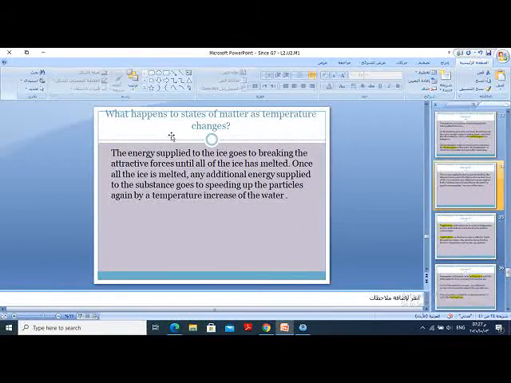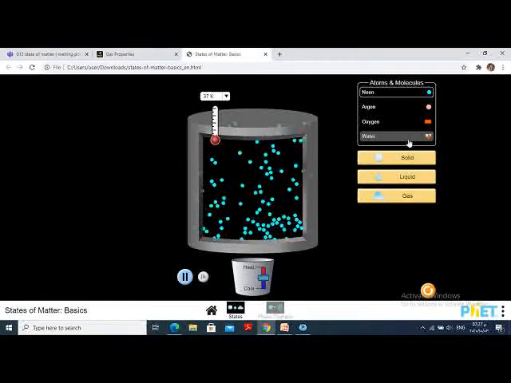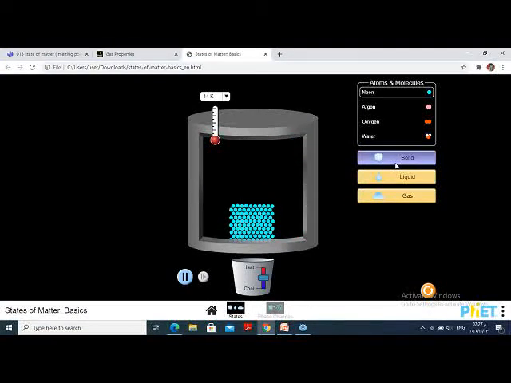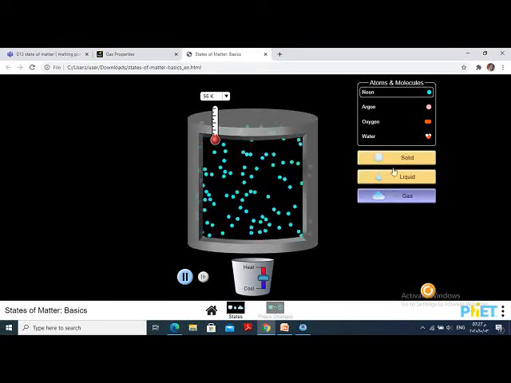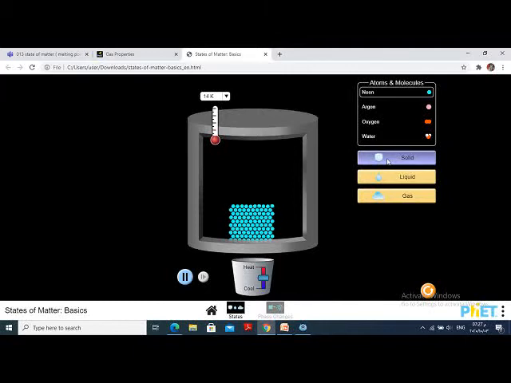So any energy we add to this ice will help it break the attractive forces between the particles. Look here, which one of these states has more attractive forces? The very strong attractive forces are found in the solid state.